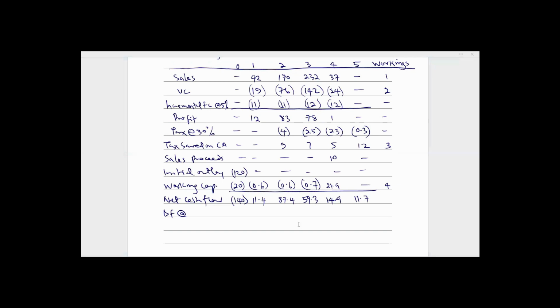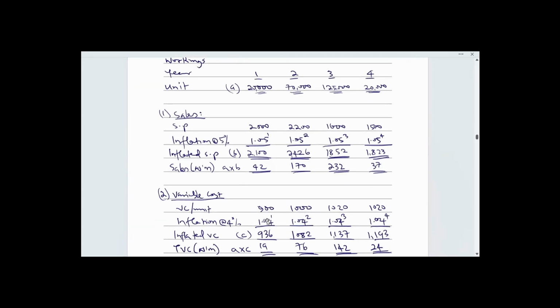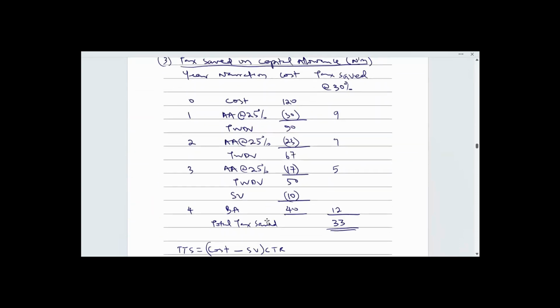Since you are given a real cost of capital, you cannot use it for money cash flow, because what you have before you arrive at your net cash flow are all money cash flow. You have converted real cash flow to money cash flow. So you need to calculate money cost of capital. You need to convert that real cost of capital to money cost of capital. That will take us to working number 5.